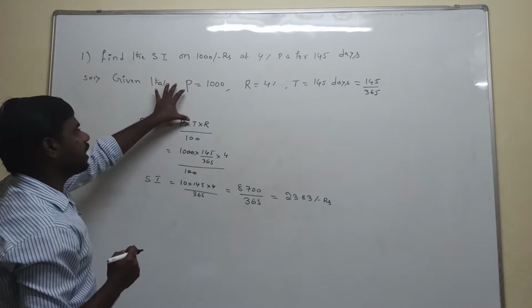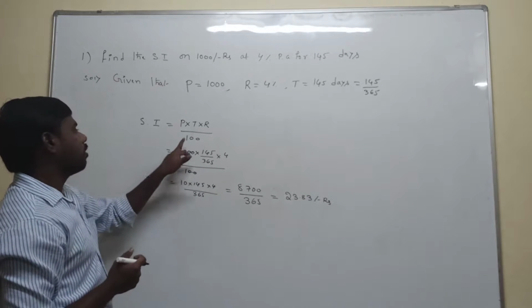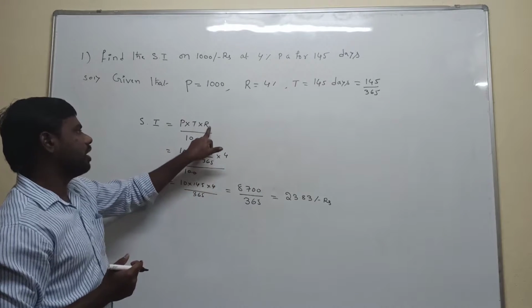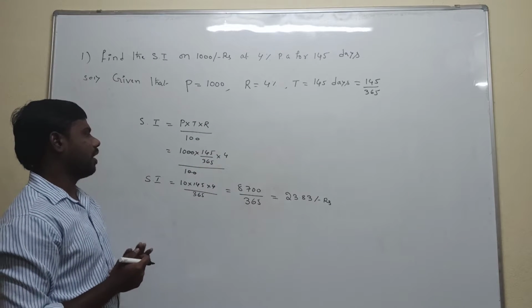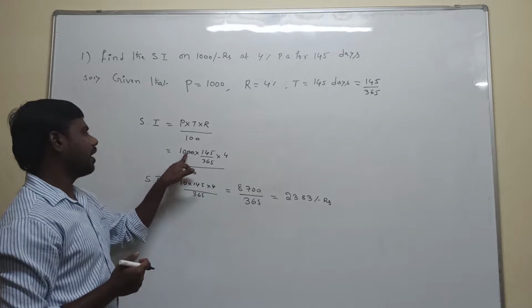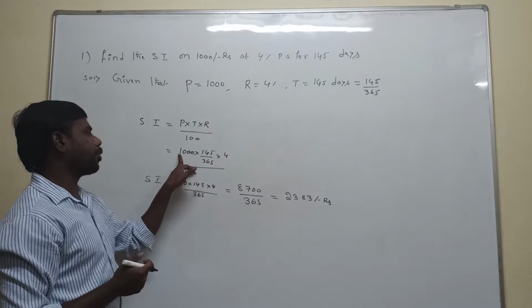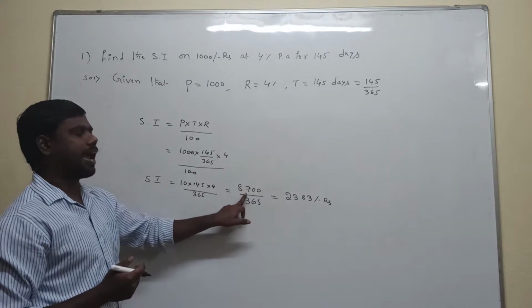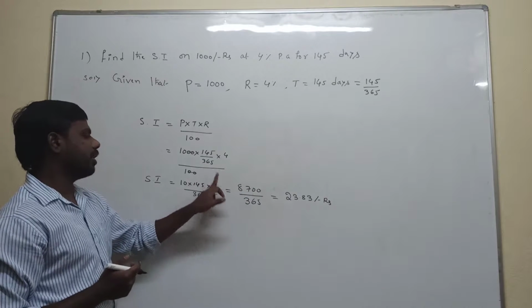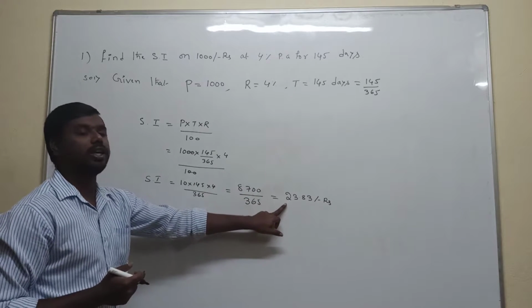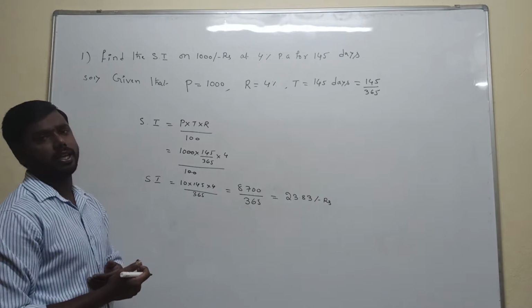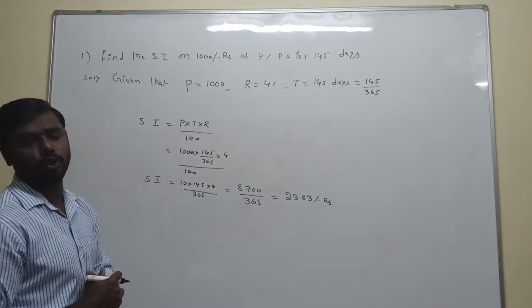Substituting the given values: P is 1000, T is 145 divided by 365, R is 4 by 100. Cancelling the 100, we take the product of the numerator values, 10 into 145 into 4, which is 8700, divided by 365. That value is 23.83, the simple interest for the year. This is the required solution.